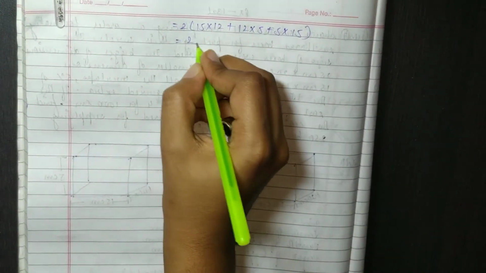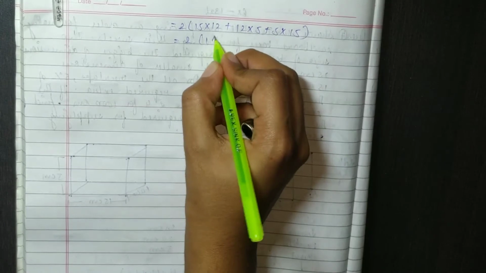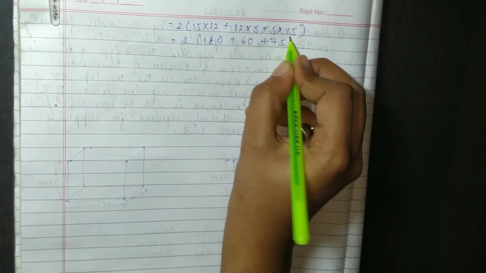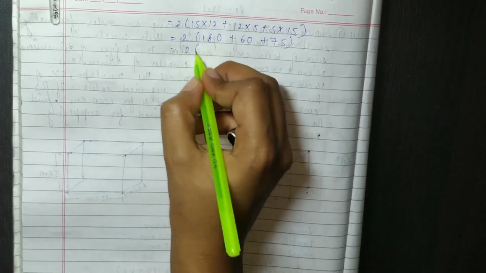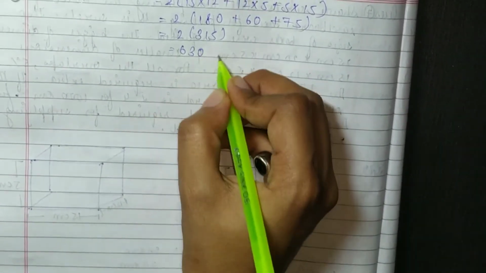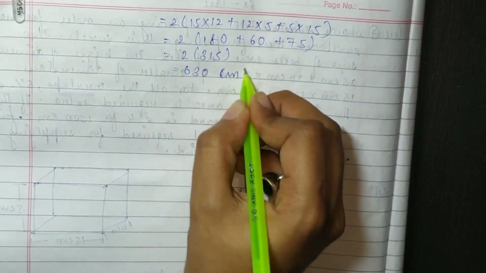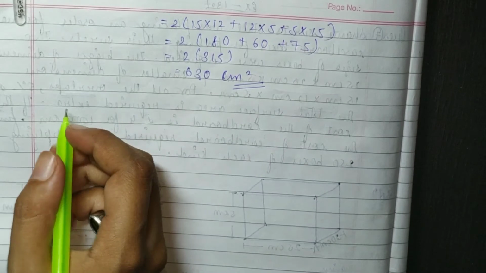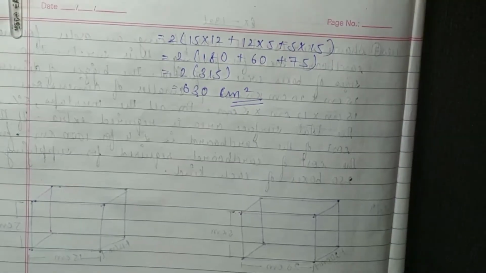On multiplying we'll get 2 multiply 180 plus 60 plus 75. We'll add this and we'll get 2 multiply 315, which gives us 630 centimeter square as the total surface area of the smaller box.